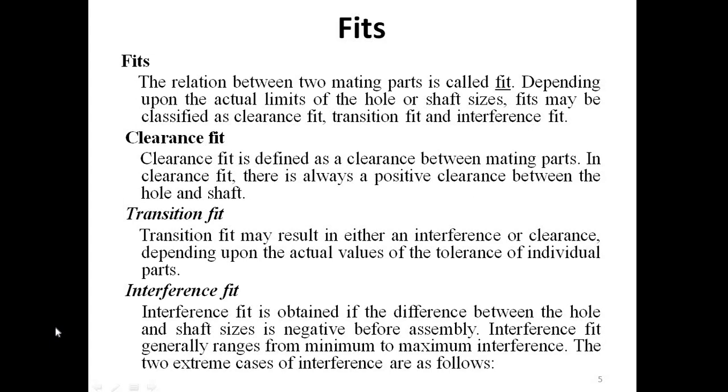Depending upon the actual limits of the hole or shaft sizes, that is, hole dimensions and shaft dimensions, fits are classified as clearance fit, transition fit, and lastly interference fit. We will study these types of fits one by one.